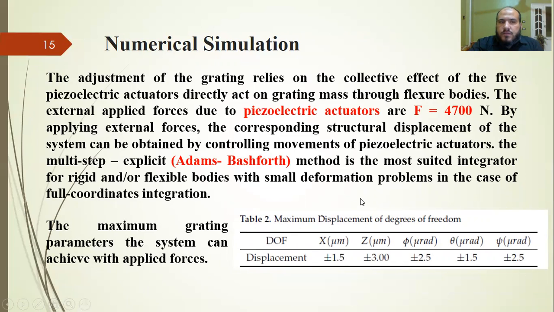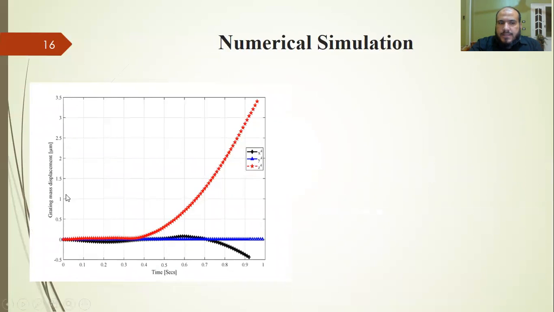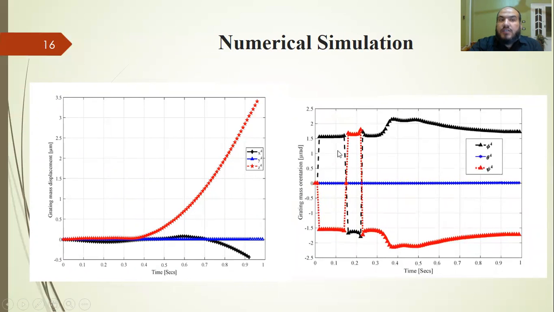After we solve the equation of motion and integrate the acceleration, we obtain the system movement. The movement of point P in the grating mass can be computed from the mathematical model in this table. The displacement of the grating mass reaches about 3.5 millimeters.